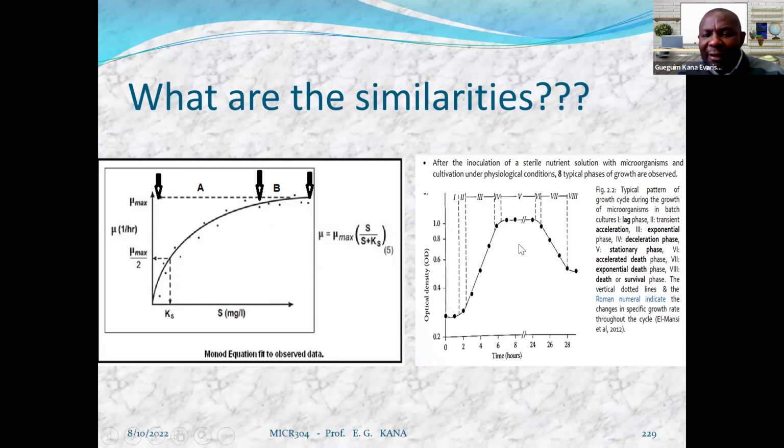And if you look at your microbial growth curve on the right, by definition, mu max, or the maximum growth rate, is obtained only when cells are at the log phase. When cells are growing maximally, that's where they have the mu max. And if you look at your deceleration phase on the microbial growth curve, which is somewhere here, we said the deceleration phase was a scenario in which there's a depletion of nutrients.